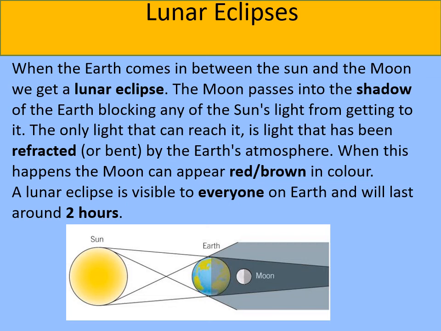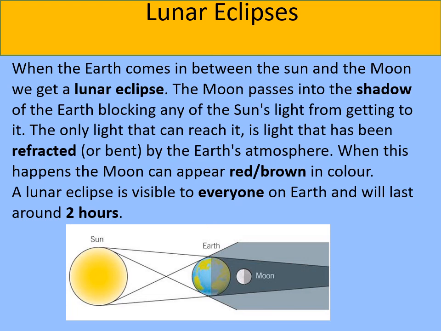And the moon passes into the shadow of the Earth, which is blocking any of the sun's light from getting to it. There is a little bit of light that is reaching the moon, and that is refracted or bent by the Earth's atmosphere. And this gives the impression of the moon looking a little bit reddish or brownish in color.